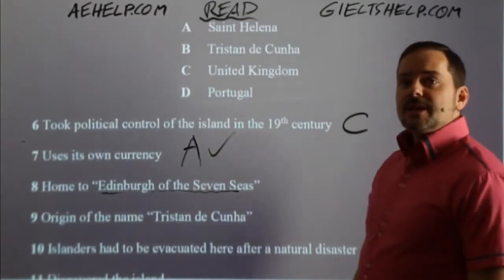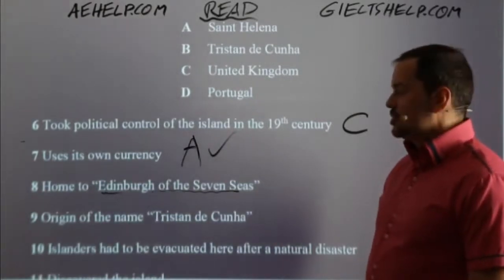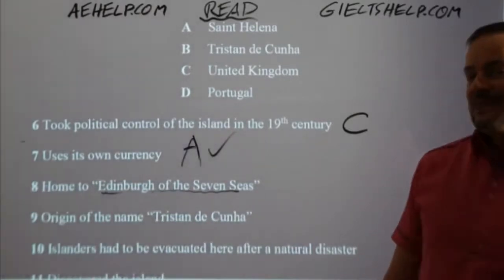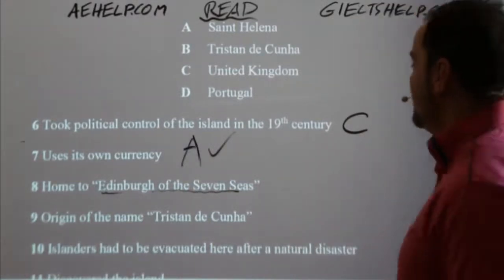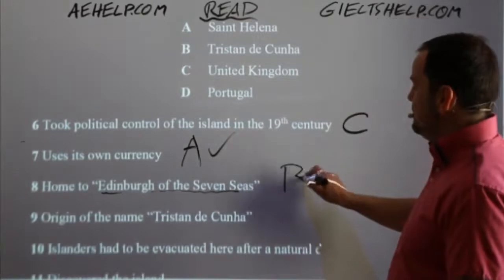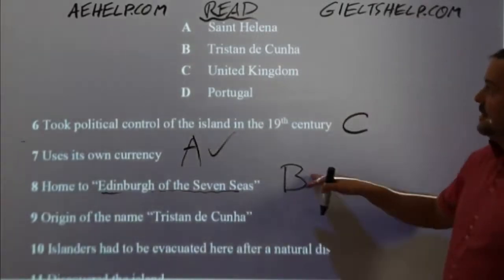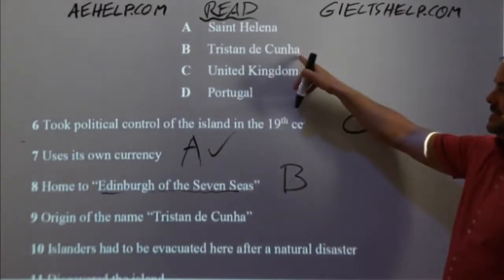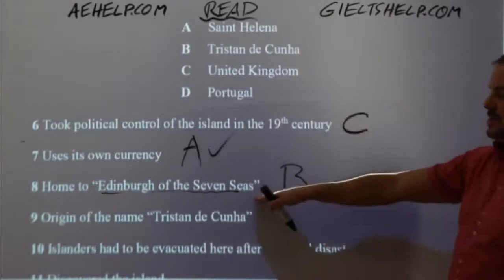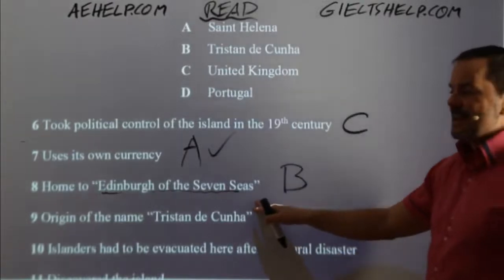Let's see. Does anybody remember which is home? I didn't emphasize visualizing this. Let's see if any of you visualized it. The correct answer here was B, because it said that the main settlement, so the main place where those 256 people live in Tristan da Cunha is called Edinburgh of the Seven Seas.